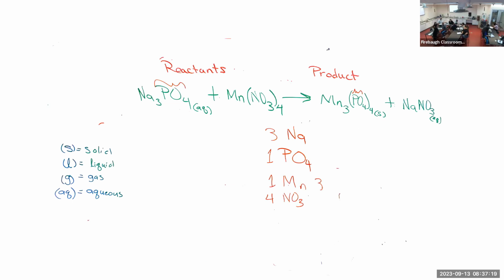That's right. And then sodium. How many sodiums do I have? And then how many NO3s do I have? I have 1, right? Because there are no parentheses around it, and it's all by itself. So I only have 1. Does that make sense?